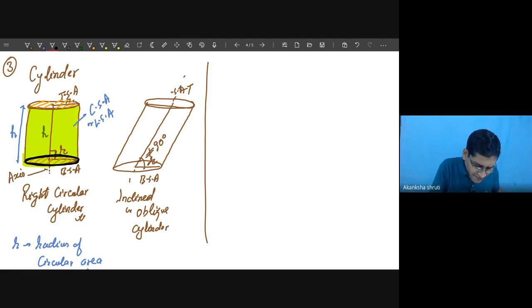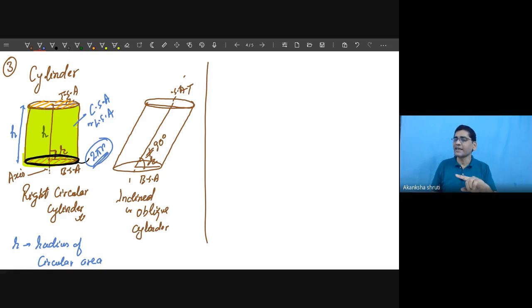The boundary length of this base is obtained by 2 pi r. Now this 2 pi r is extended up to h times. So the curved surface area can be obtained by multiplying this boundary length of the base, not the area of the base.